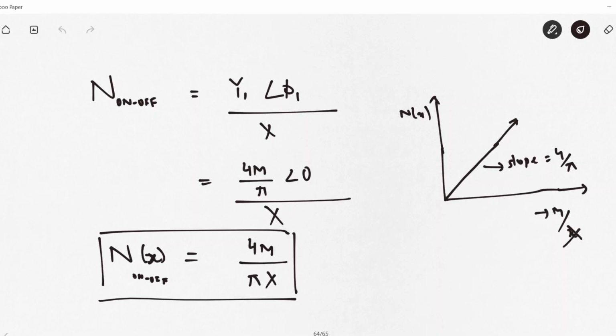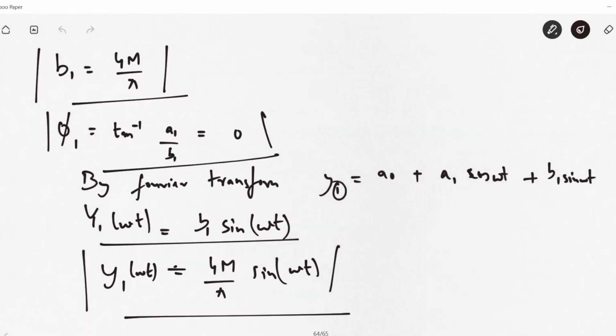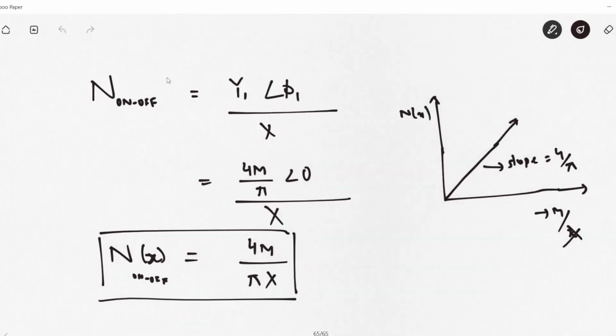So this is the describing function of an on-off relay. Using this equation, n of x equal to 4m by pi x, we can describe the dynamics of an on-off relay, which may be useful for analysis on various occasions.